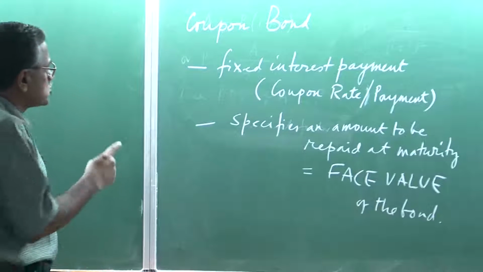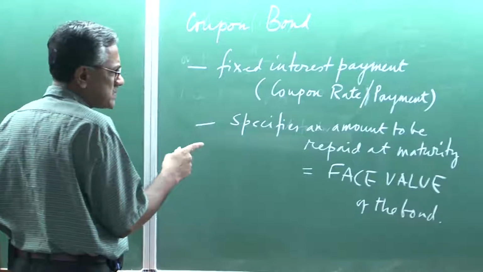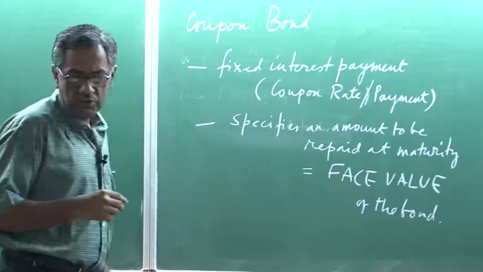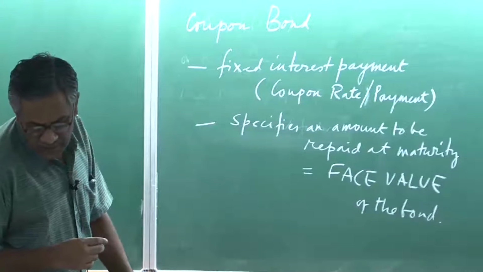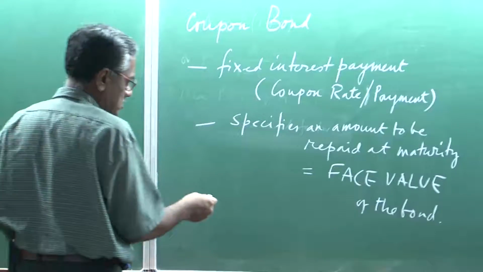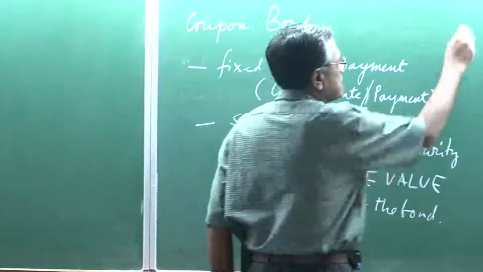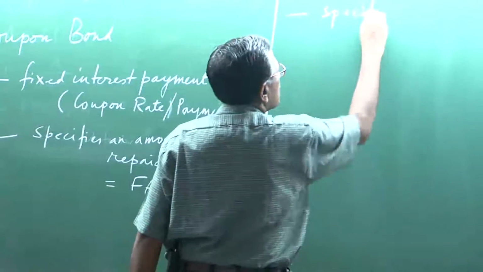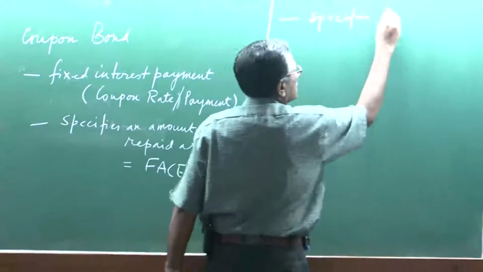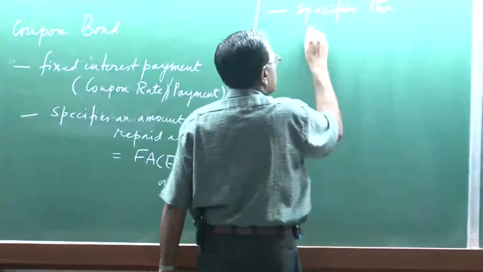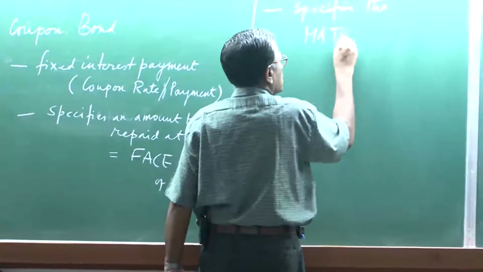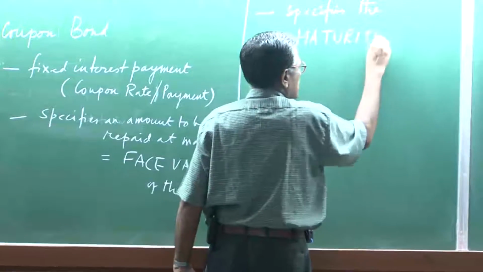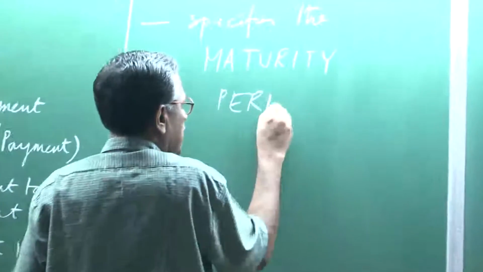Another thing which I should have mentioned: a fixed interest payment, and an amount to be repaid at maturity. There is another thing that is always mentioned, that it specifies the maturity period. So, it is a 5-year bond or a 10-year bond or a 20-year bond, it is on the bond paper.